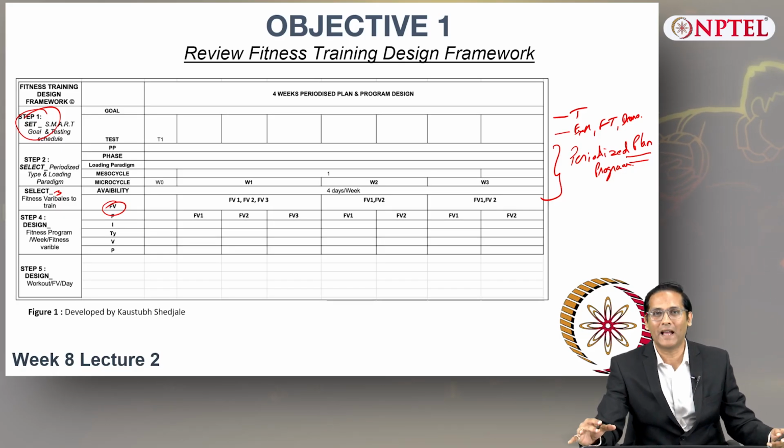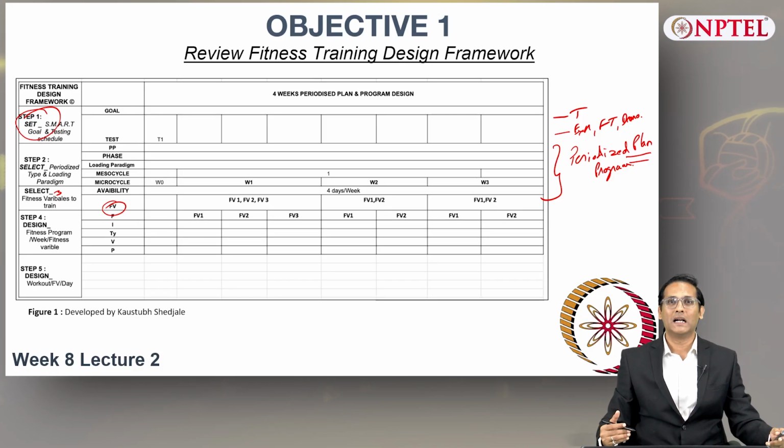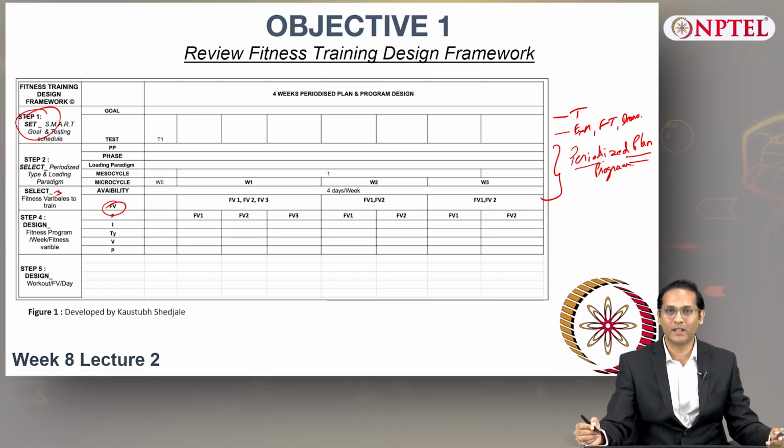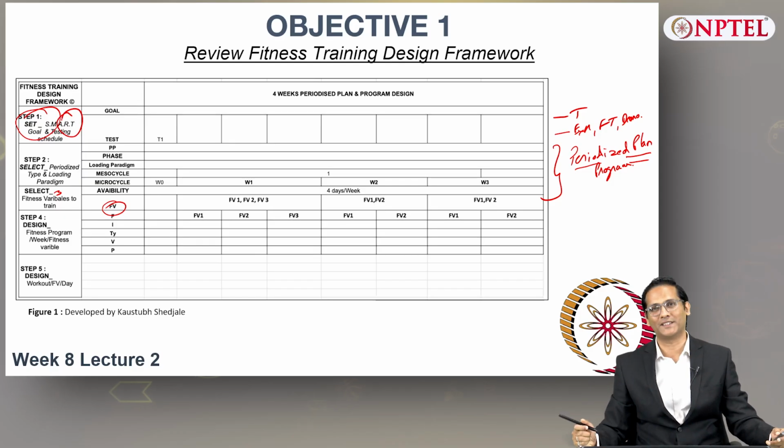This is called the fitness training design framework, which will help you to design a customized, periodized, progressively overloaded fitness program that will help you to systematically achieve the SMART goal that you have set.